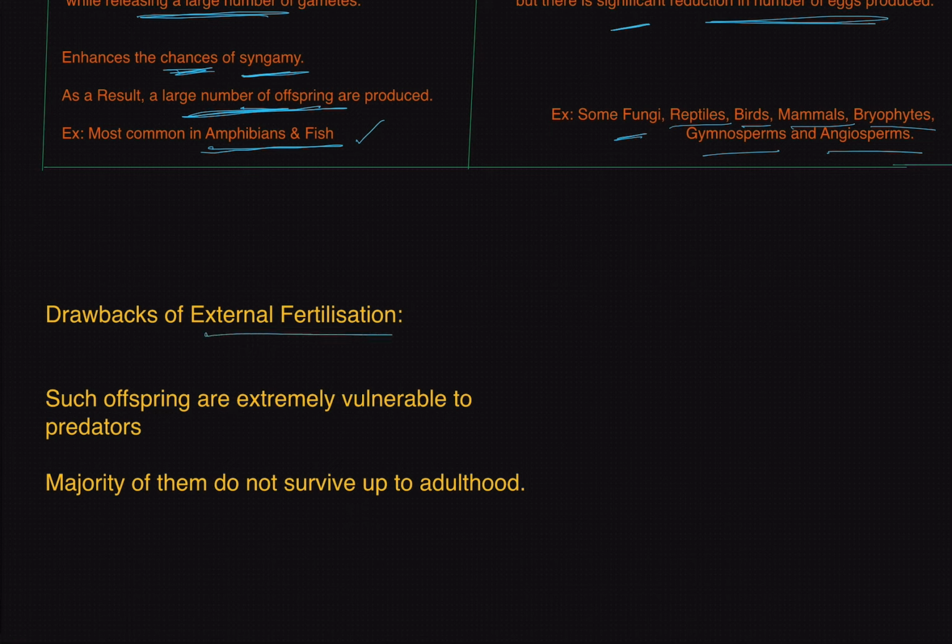Now, what is the disadvantage or drawback of external fertilization? Because both male and female gametes are released into the external environment, the chances of fertilization are low, and to compensate for this, they release a large number of gametes, and as a result a large number of offspring are produced. But these offspring are extremely vulnerable to predators.